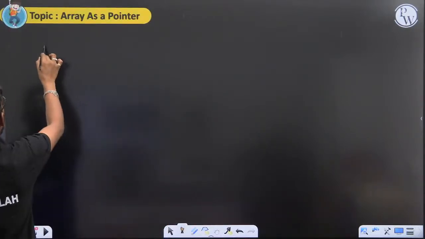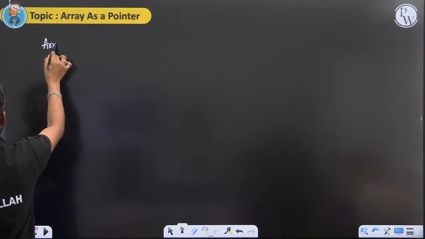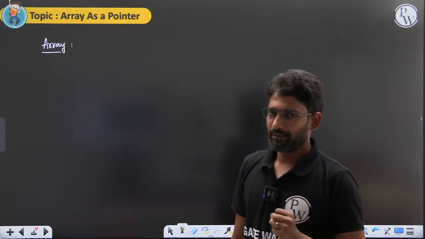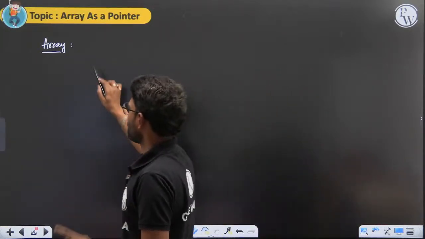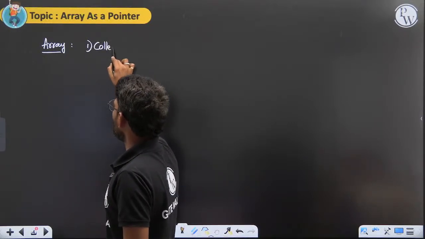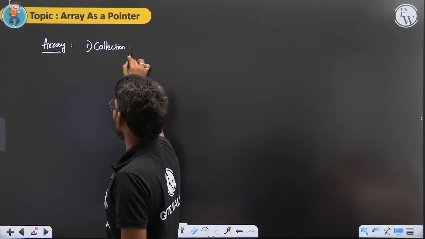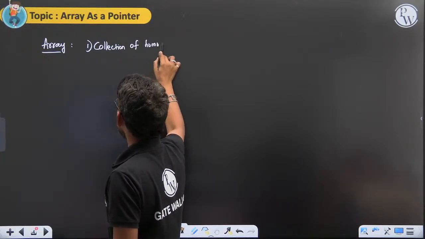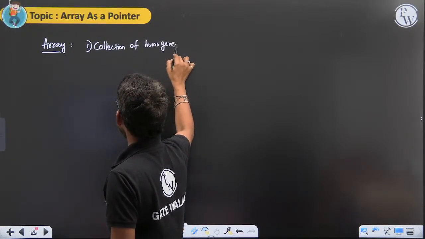First of all, we have discussed that I have given 3 definitions for an array. What are they? One is very popular, that is a group or collection of homogeneous or similar data.